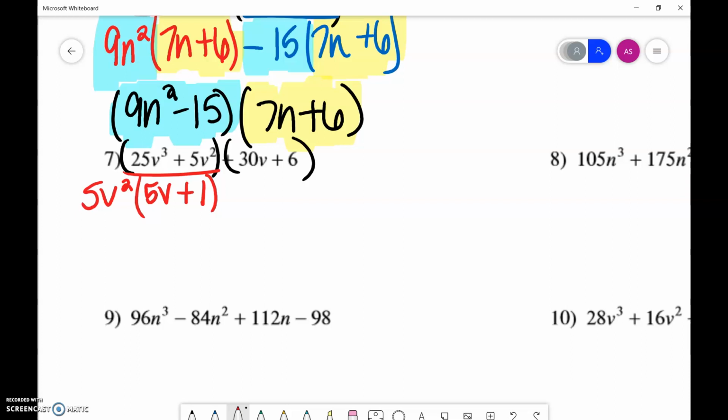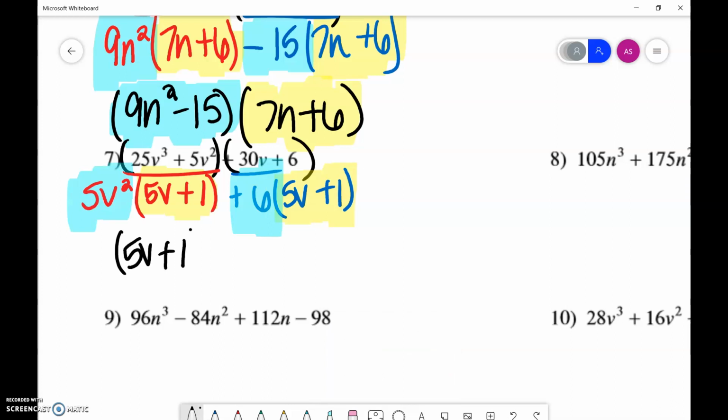And then here, I'm going to factor out positive 6, and that'll also give me 5v plus 1. Okay. Then here, these are alike, so I can just factor that out as my greatest common factor, meaning just bring it down. So I have 5v plus 1, and then 5v squared plus 6.